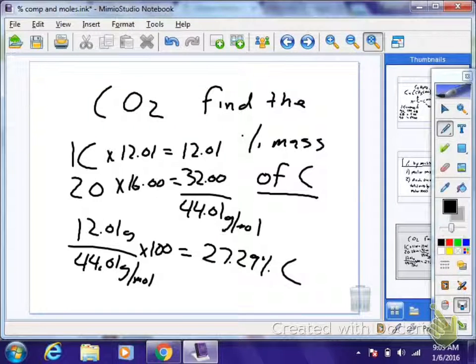The type of problems you really struggled with on the test was changing grams to moles, moles to grams, grams to molecules. So I'll go through a couple of those with you here. But any questions on finding the percent mass?